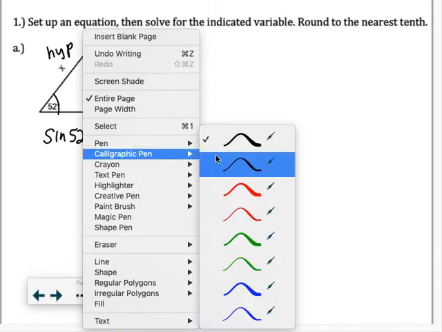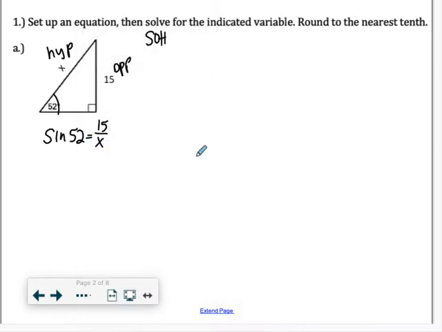But what we're going to do is multiply both sides by x. Okay, so we get rid of the x over here, and we're left with x times the sine of 52 equals 15. And again, we want to get x by itself, so now we need to divide by this sine of 52.